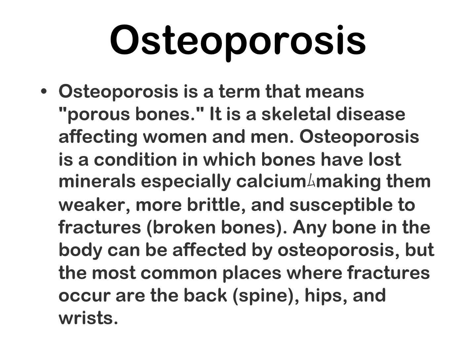Osteoporosis. All right. Osteoporosis is a term that means porous bones. It is a skeletal disease affecting women and men. Osteoporosis is a condition in which bones have lost minerals, especially calcium, making them weaker, more brittle, and susceptible to fractures.